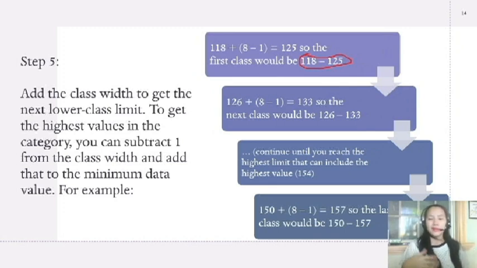Since our class starts at 150, and 154 is beyond 149, we cannot end at 149. So we will proceed with 150, then count again until we have 157. In this interval, 154 is already included. That means you have to stop now.